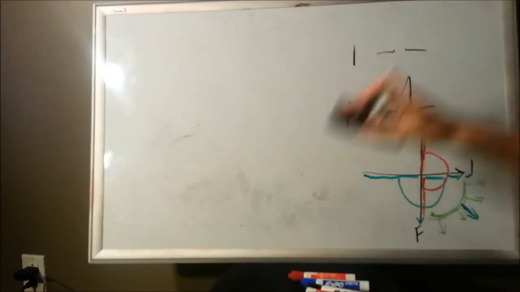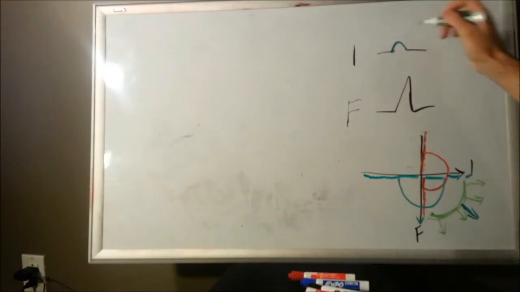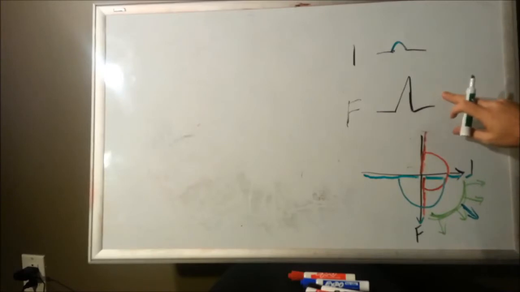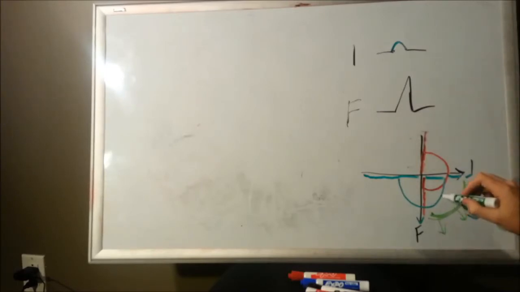And let's say one was slightly, I mean, it's still positive, it's just not as positive. You can tell that F is way more positive. It's leaning more towards F. So maybe our vector force is over here now.